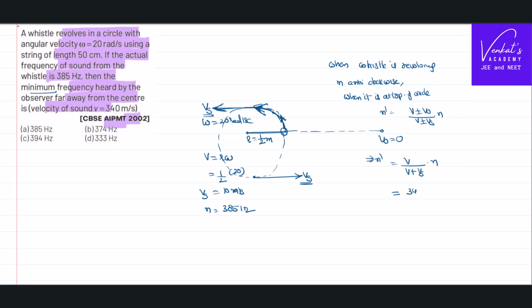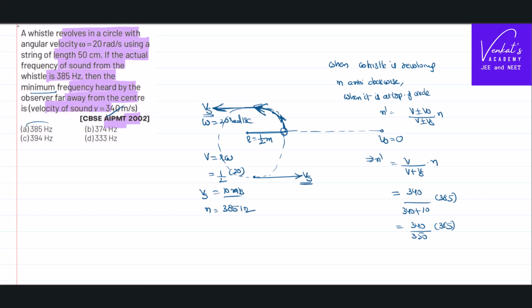V is given for you in the problem as 340, so 340 by 340 plus the velocity of the source, which is 10. The frequency is given for you in the problem as 385. So 340 by 350 of 385. So it has to be obviously less than 385.